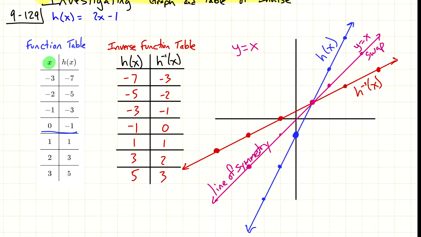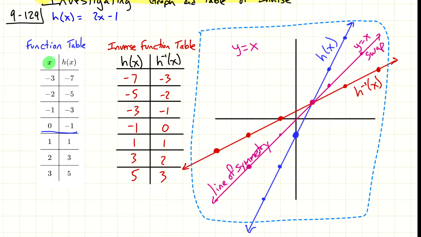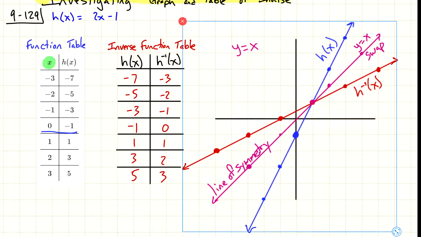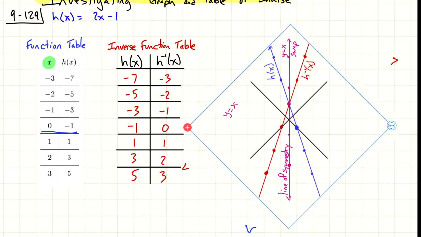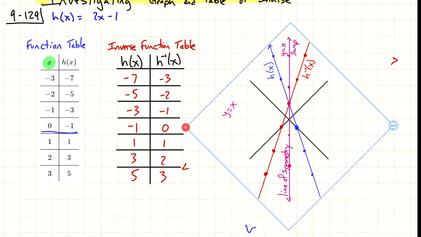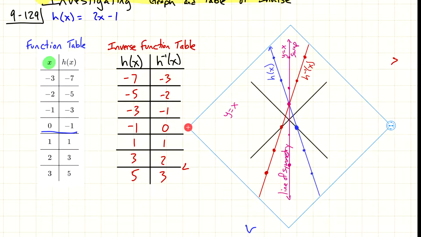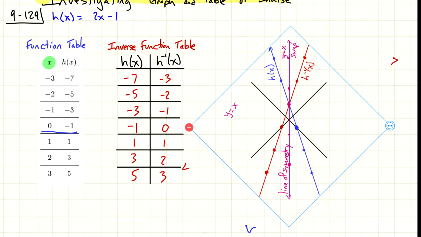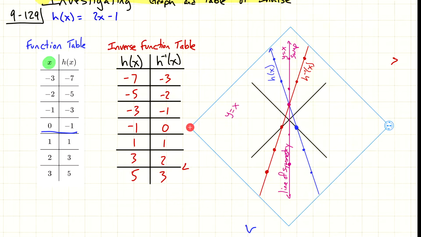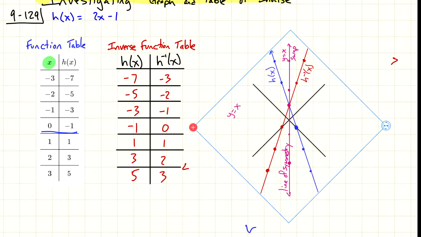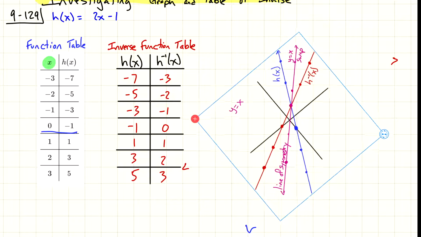If I look at those two lines, you'll notice they cross like an X, and that line of symmetry goes right down the middle. That's exactly what a line of symmetry is supposed to do. It's supposed to go right down the middle.